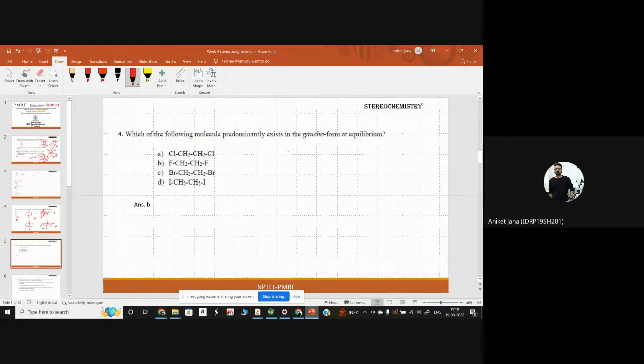Anybody? So this is the general structure of all these 4 molecules, right? Where X is the halogen.